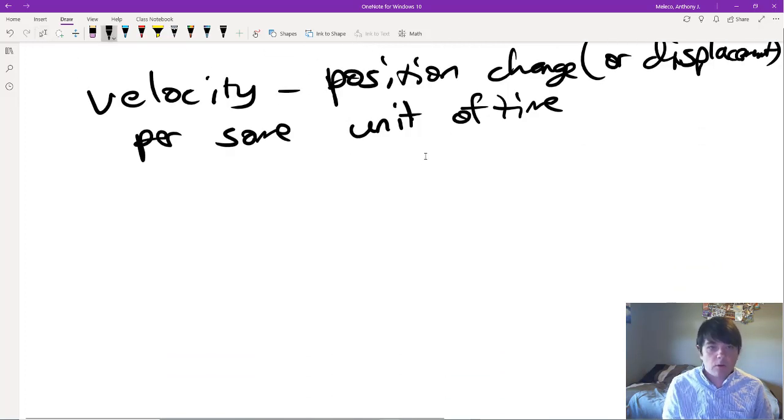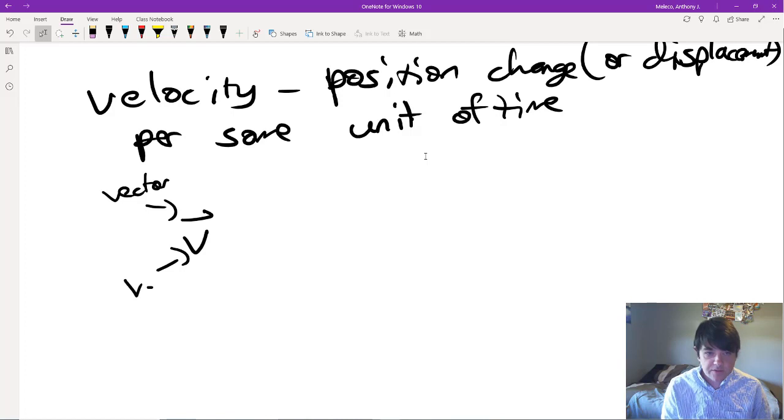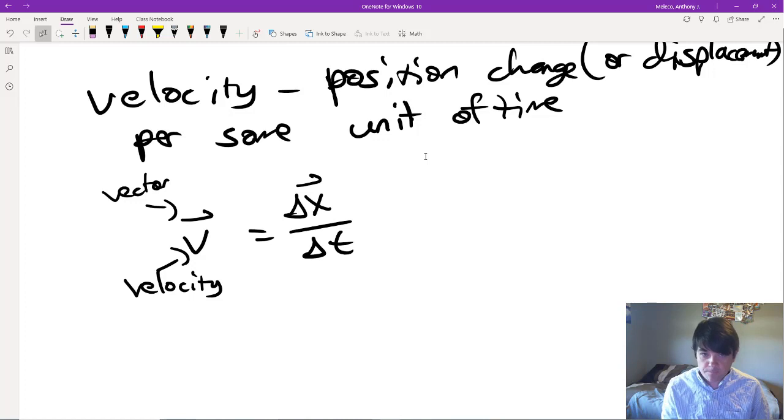Okay? This is what it looks like mathematically. We use a v for velocity, and it's a vector, okay, just like position is. And again, we'll talk about that. But we've got velocity right here equals the change in position or displacement per time.